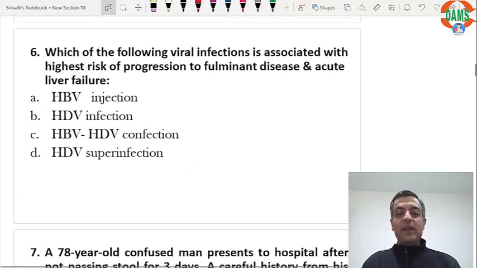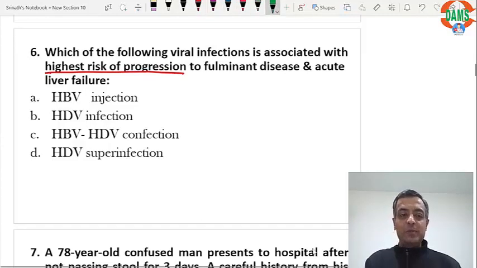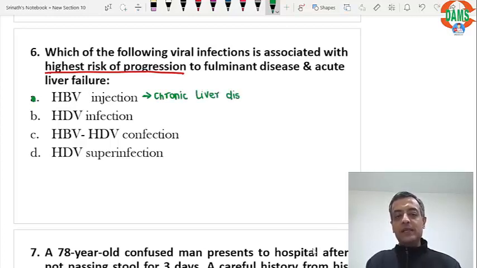Which of the following viral infections is associated with the highest risk of progression to fulminant disease and acute liver failure? Hepatitis B infection can lead to chronic liver disease, eventually leading to cirrhosis as well as cancer.